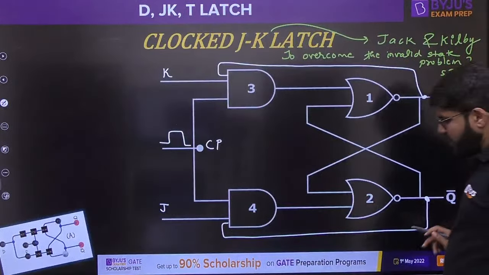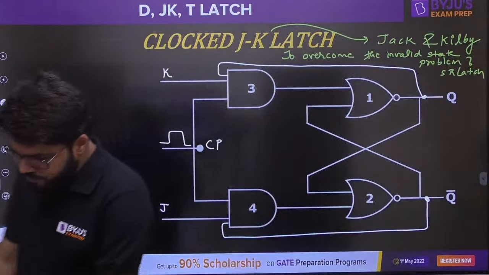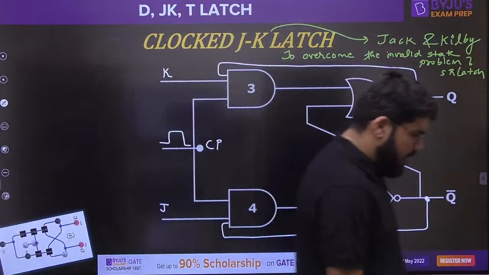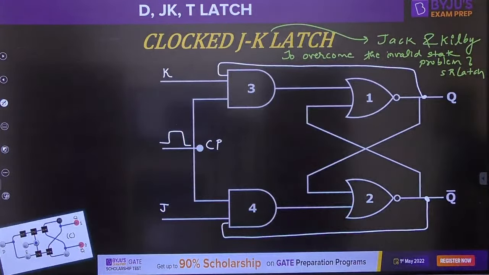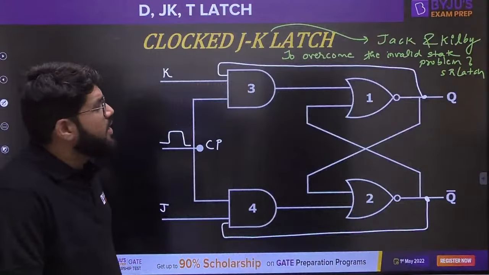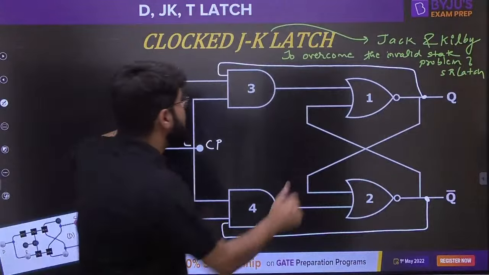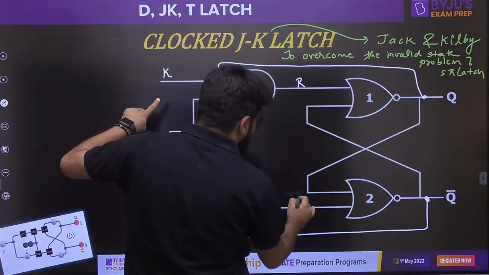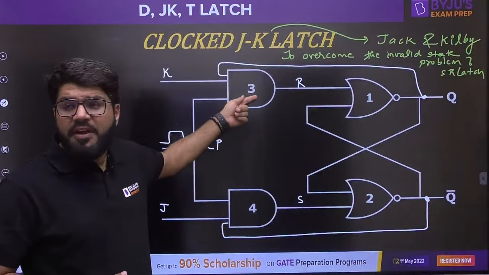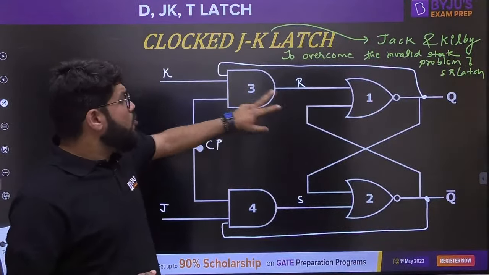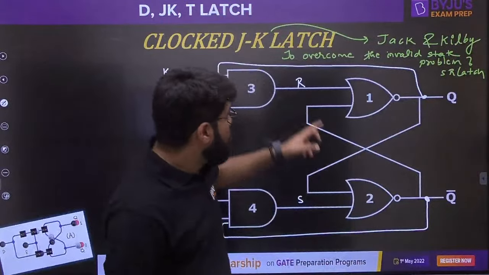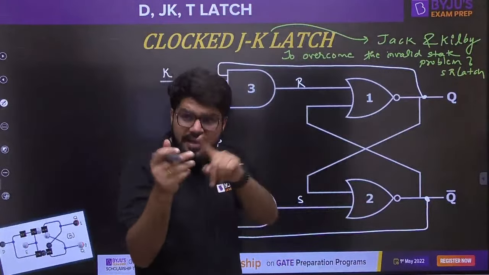Because this was the SR clocked latch, and both the AND gates are fed with complement inputs, the outputs of both the AND gates cannot be high at the same time, and that is what you want, na? You want S and R should not be high at the same time.